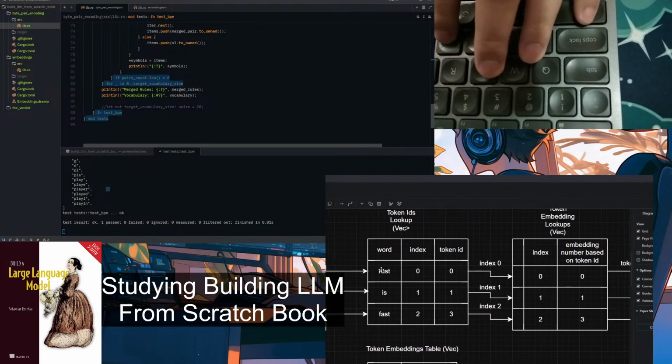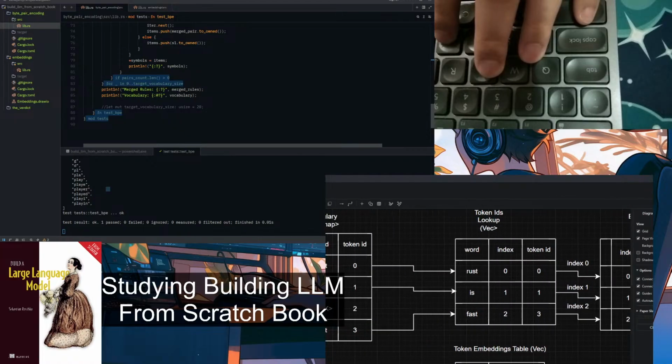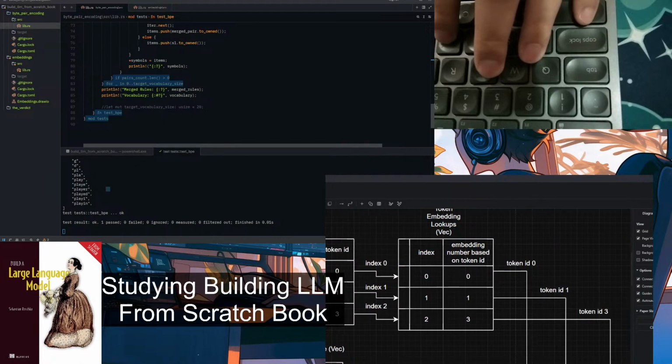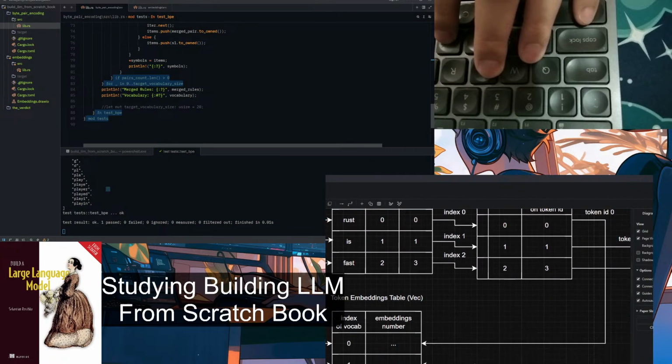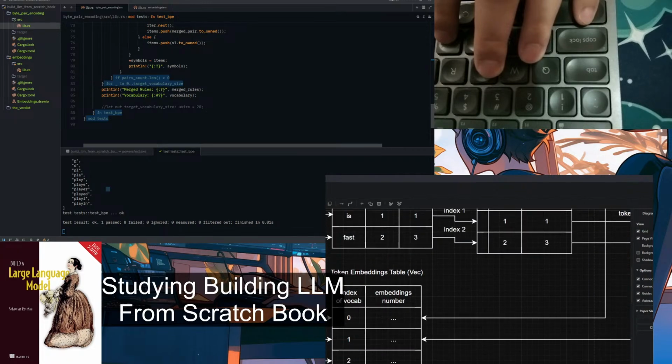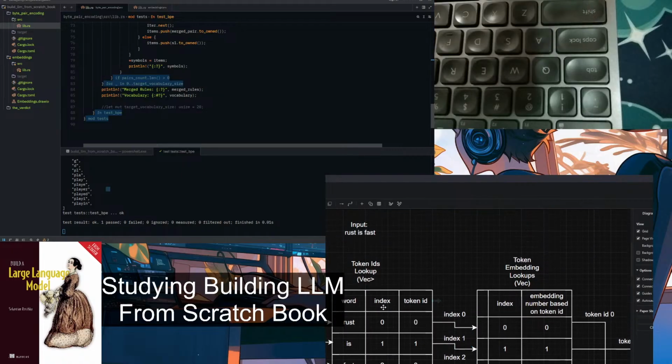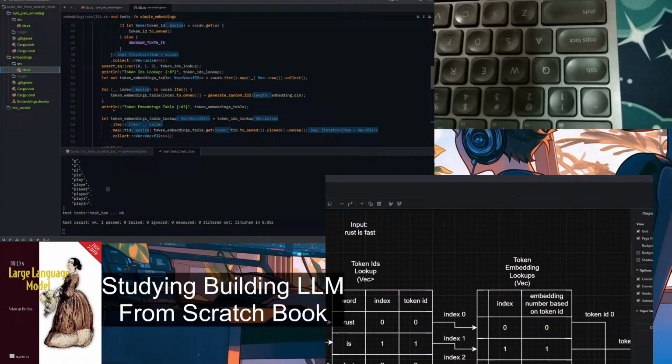Then I will repeat the process of encoding and decoding. The decoding is interesting. I'll make tables like this, and then the final output should be the embeddings. Hopefully I still remember what I did in the past lessons.